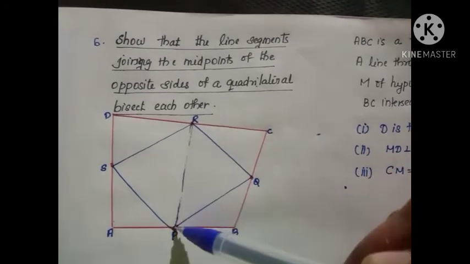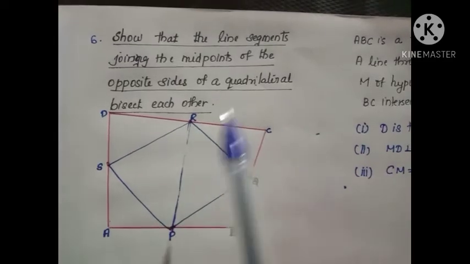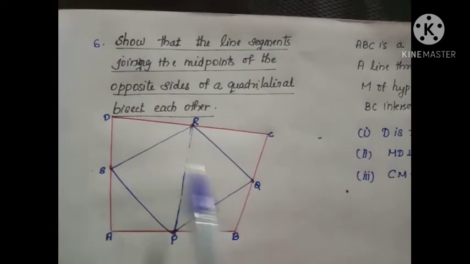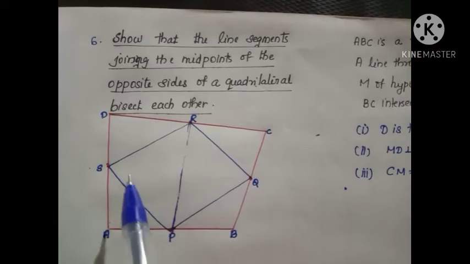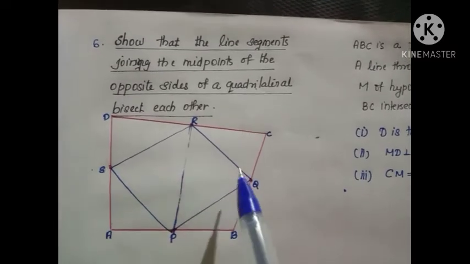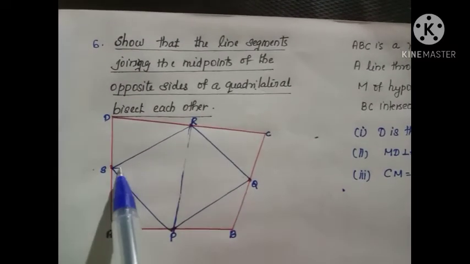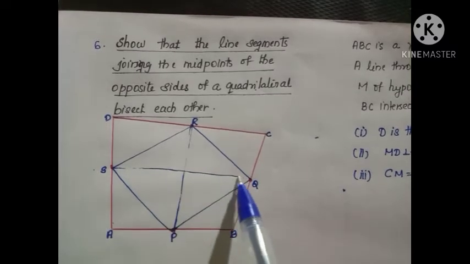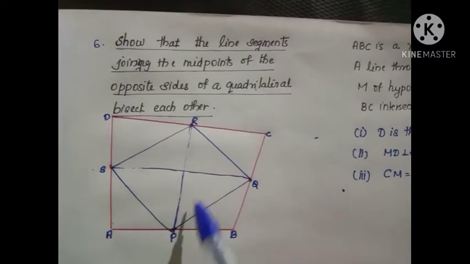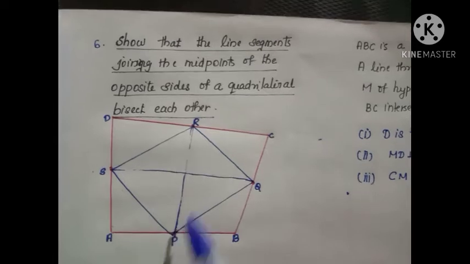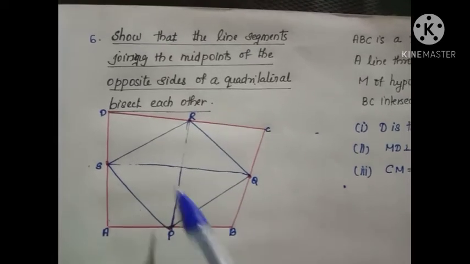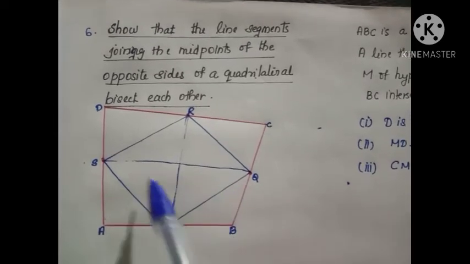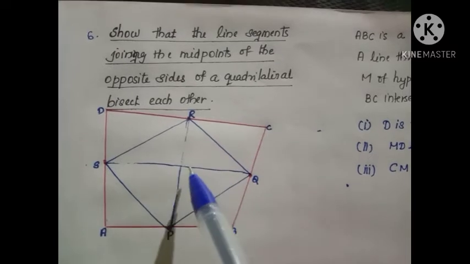One is PR. And what is the next pair of opposite sides? AD and BC. So these two are the midpoints. Therefore, the line segment joining these midpoints. So listen, the line segments joining the midpoints of opposite sides of a quadrilateral bisect each other.